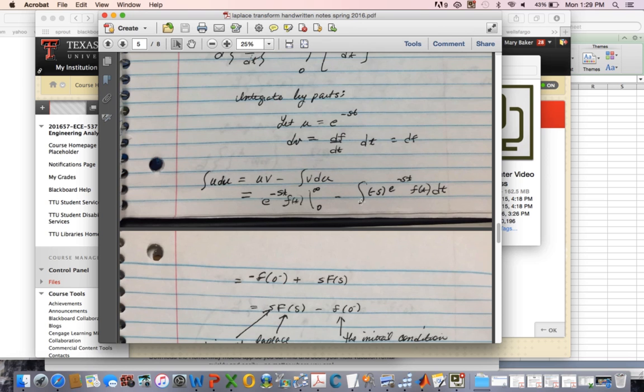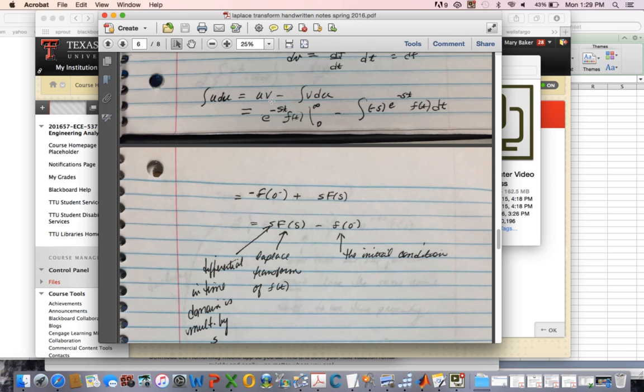So making that substitution, we end up with e to the minus st f of t for uv, and then we have to evaluate that at our limits, and then we have minus s e to the minus st f of t dt for our second term.